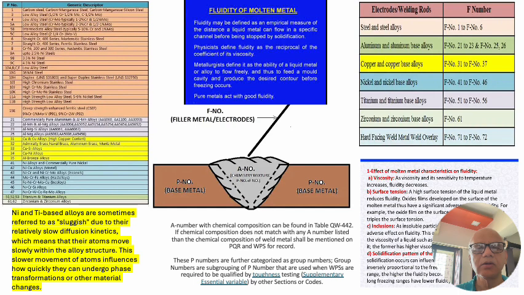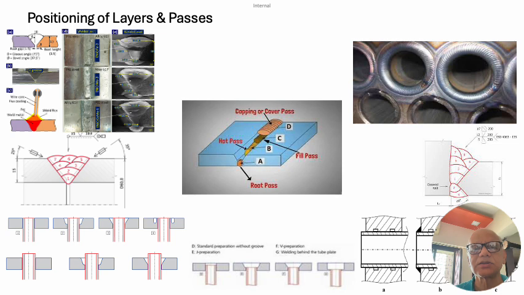Now, looking at the earlier slide of the various types and understanding of this filler metal, let's go to the next slide where we'll be talking about positioning of layers and passes.